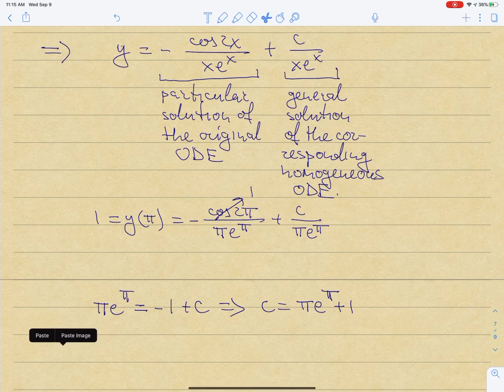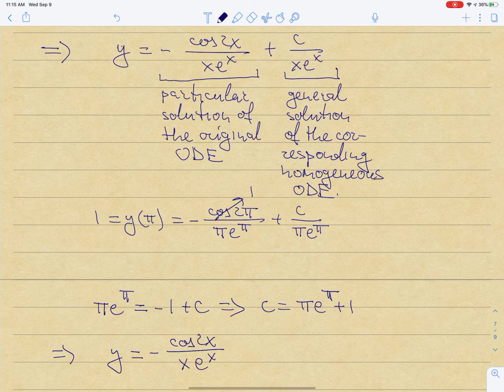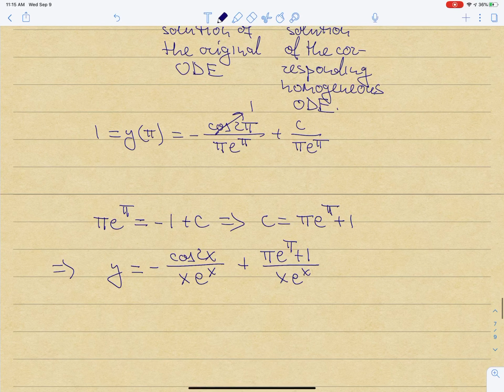So therefore, y is equal to minus cosine 2x over x e to the x plus c, which is pi e to the pi plus 1, divided by x e to the x. So this is a solution of my initial value problem. And so we're done.